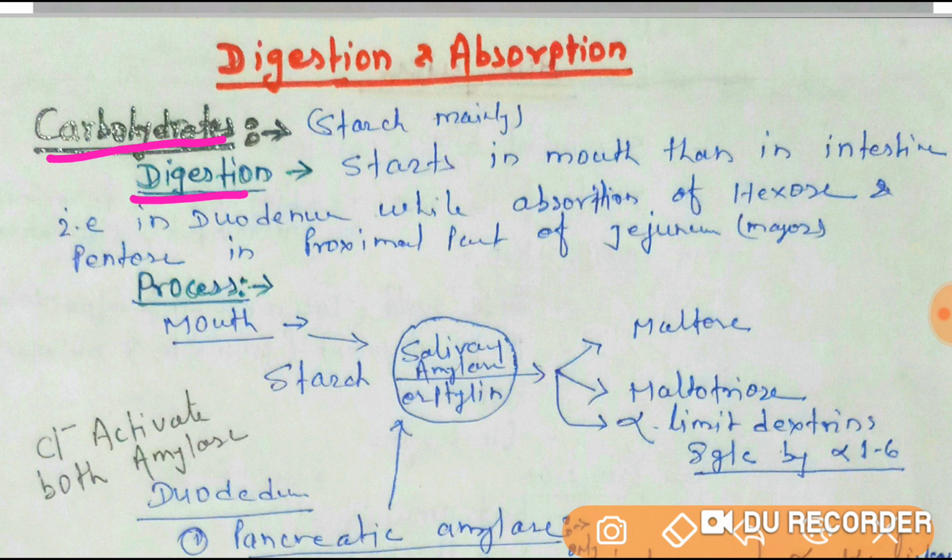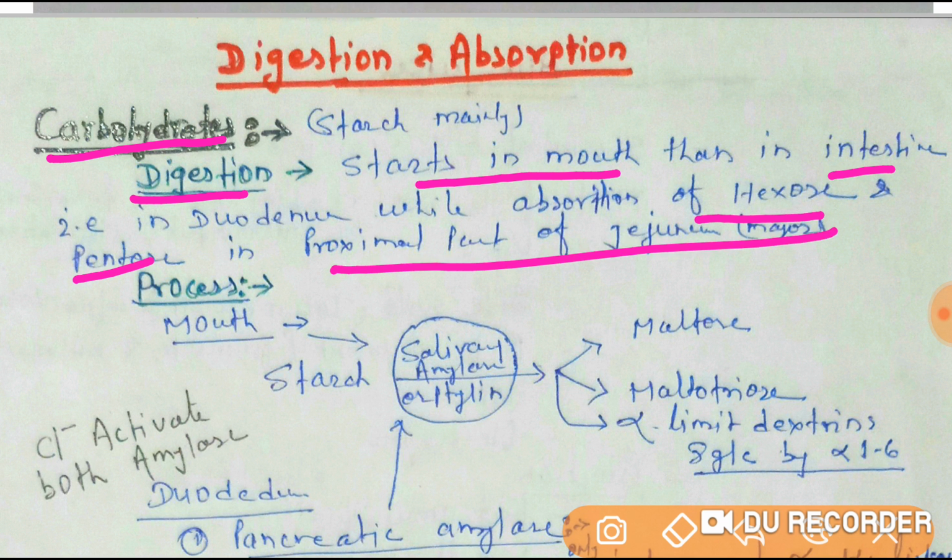Digestion of the carbohydrate starch is started in the mouth, then in the intestine, that means in the duodenum, while absorption of the hexose occurs when starch is broken down to the simplest sugar, that means hexose mainly, and the pentose in the proximal part of the jejunum. Here the major absorption takes place.